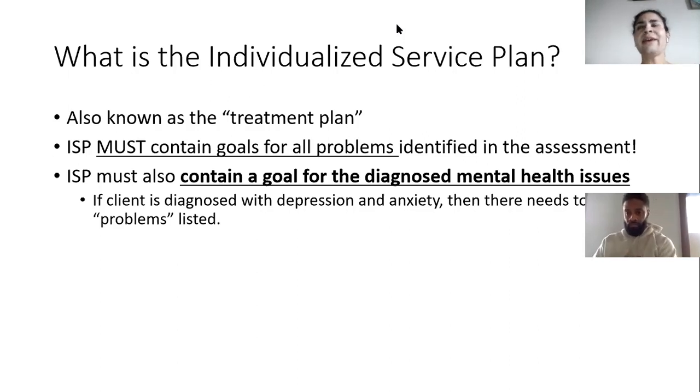So if a client is diagnosed with depression and anxiety, for example, but they're saying, I only want to work on my anxiety right now, the assessor would note that in the assessment, and then you wouldn't need to write a goal for the depression at that moment. So basically, as you will see when we are creating the treatment plans, you might end up with multiple goal problems or goals for a client.